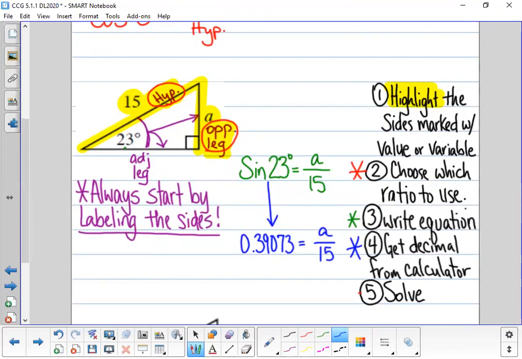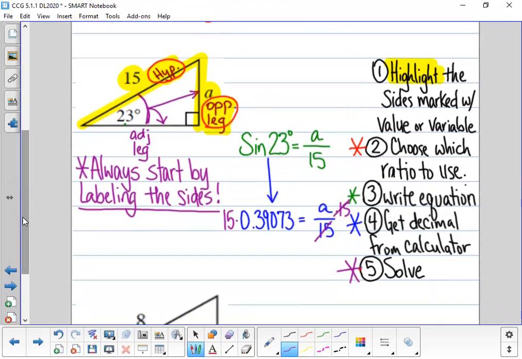All right. Now my final step is to solve my equation for my variable. My variable is a. It is being divided by 15. To get rid of division, I multiply by 15. And that will cancel out with the divided by 15. And then I need to multiply the left side by 15 as well. So since I kept that accurate value in my calculator of what I got when I did sine of 23, I can keep that and just do times 15 so that I'm not losing any accuracy by rounding.